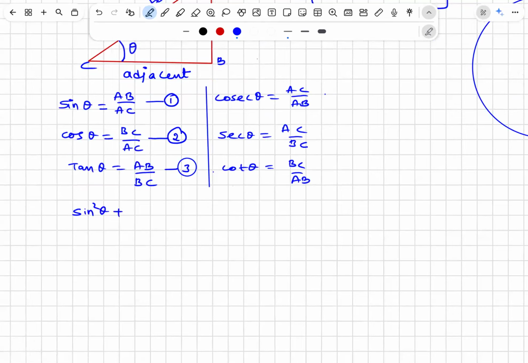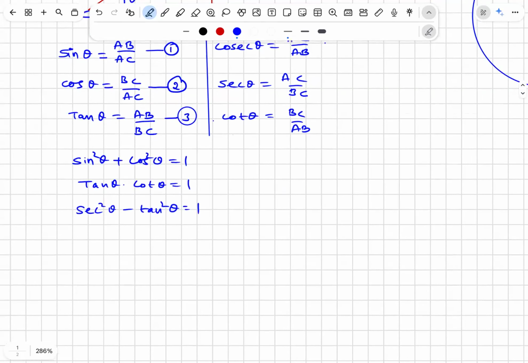sin square theta plus cos square theta, it is 1. Similarly, tan theta into cot theta is equal to 1. Secant square theta minus tan square theta is equal to 1.